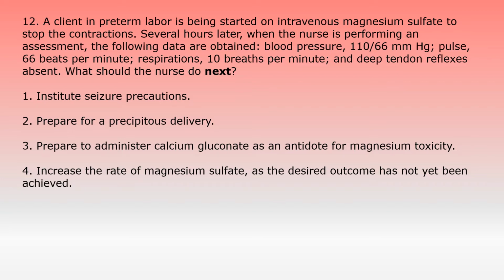What should the nurse do next? 1. Institute seizure precautions. 2. Prepare for a precipitous delivery. 3. Prepare to administer calcium gluconate as an antidote for magnesium toxicity. 4. Increase the rate of magnesium sulfate, as the desired outcome has not yet been achieved.